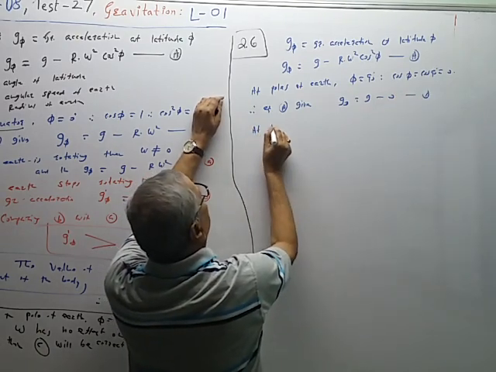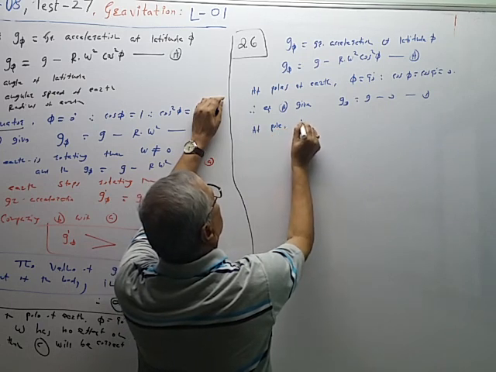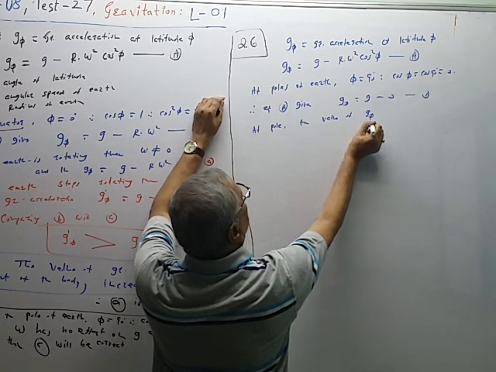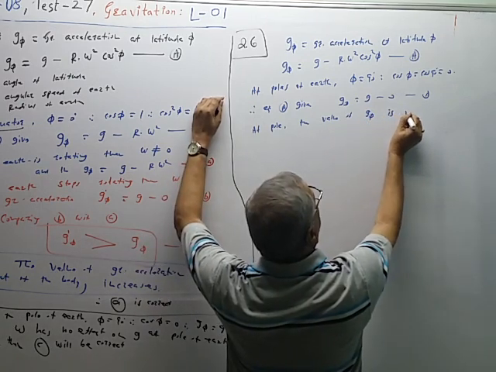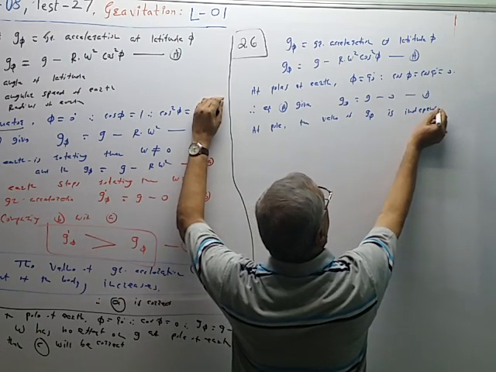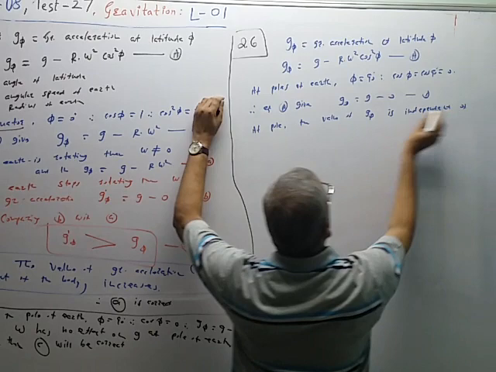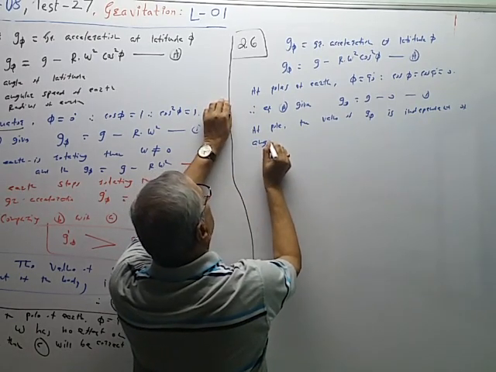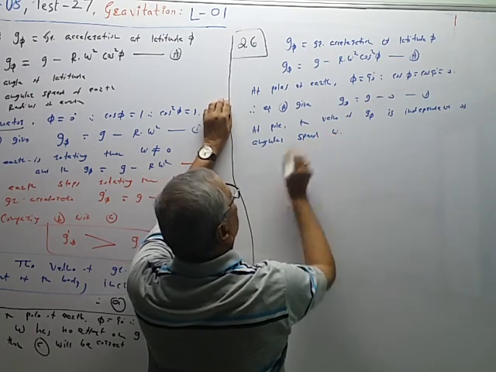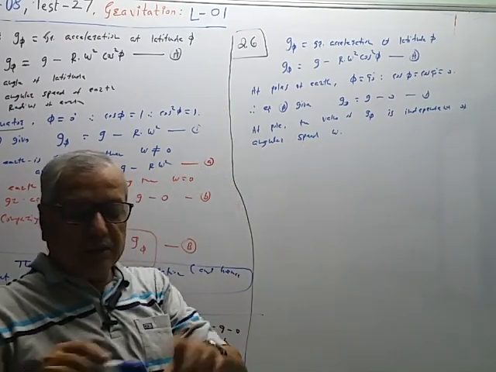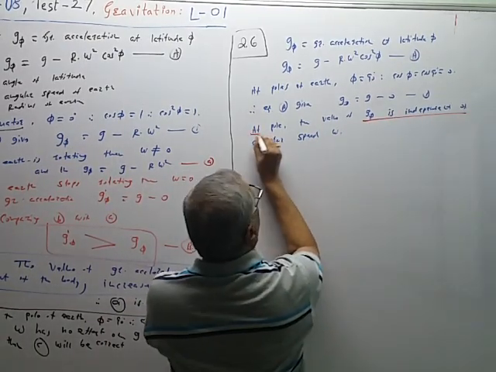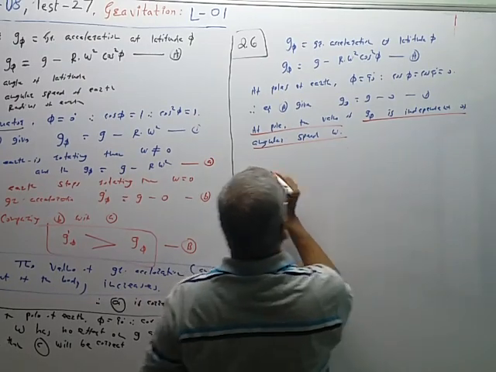So, at pole, the value of g phi is independent of angular speed omega. So this is the important result. At the pole, g phi is independent of omega.